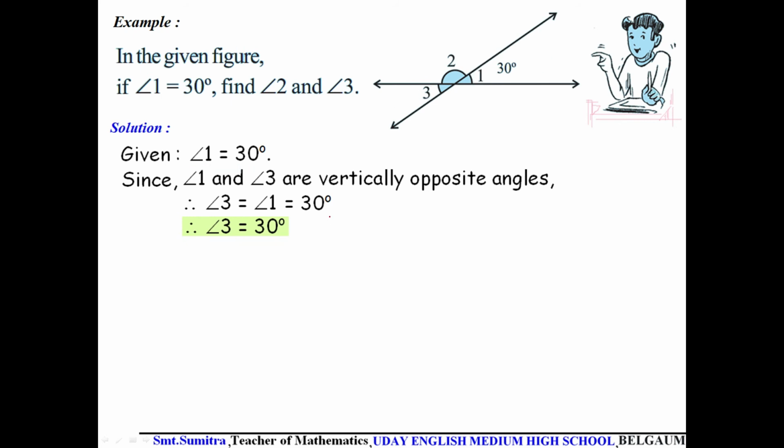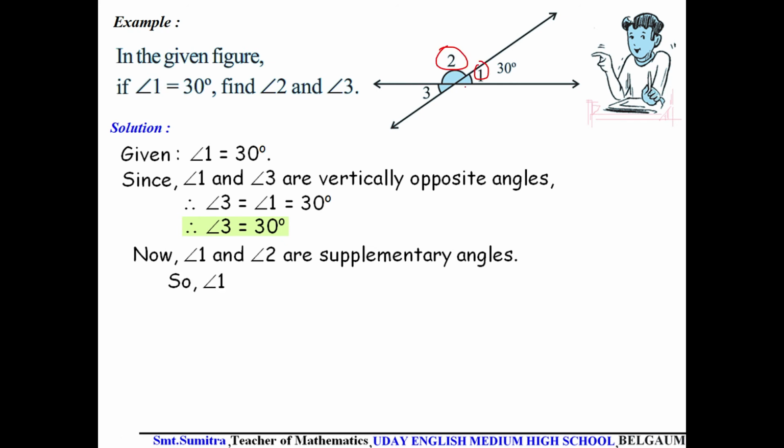Next, we know that angle 1 and angle 2 are supplementary angles. Supplementary angles means angle 1 plus angle 2 equal to 180 degree. Now, angle 2 equal to, I'll transpose angle 1 to the right hand side, it becomes minus.